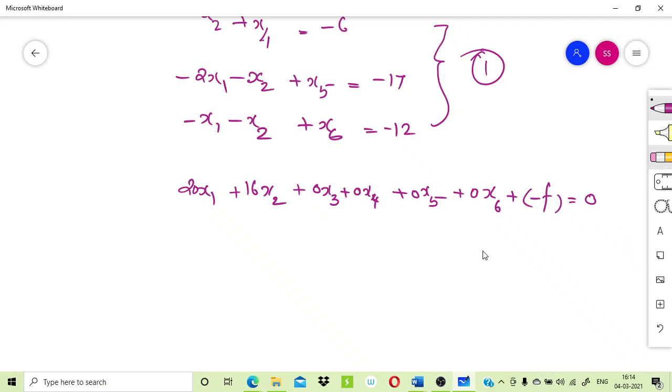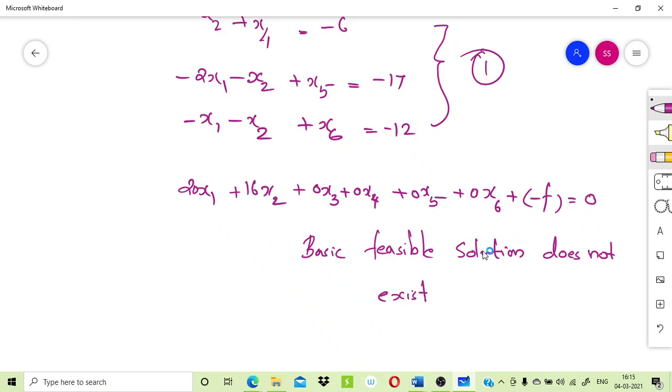That means we will not get a basic feasible solution here; a basic feasible solution does not exist. Why?